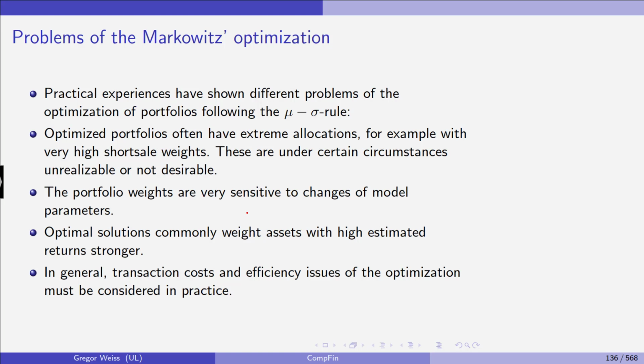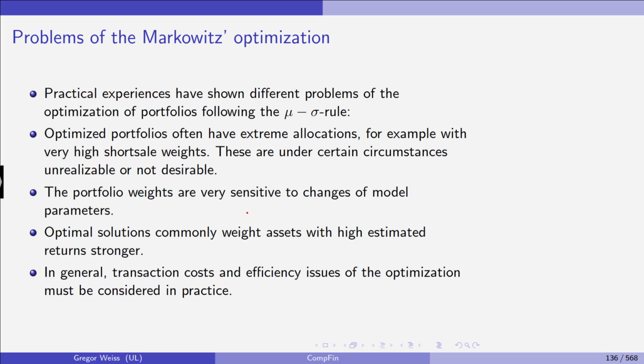And you have extreme allocations when it comes to certain assets or asset classes. So under most circumstances, this is not realistic, it's not desirable, because again, you will be exposed to single assets, even if, mathematically speaking, this is the optimal portfolio.